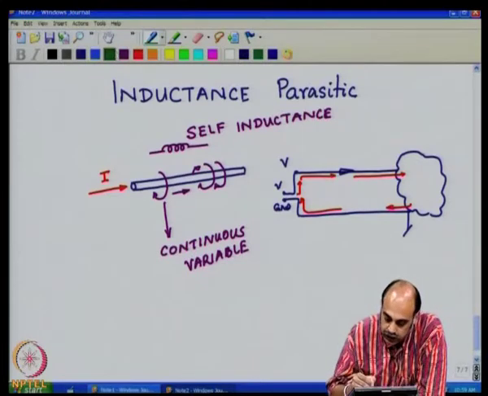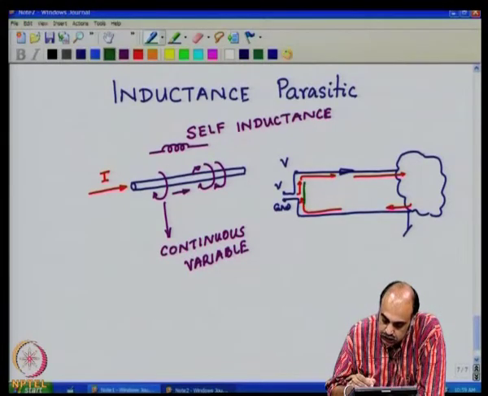So, if you look at this part, it is like a loop.